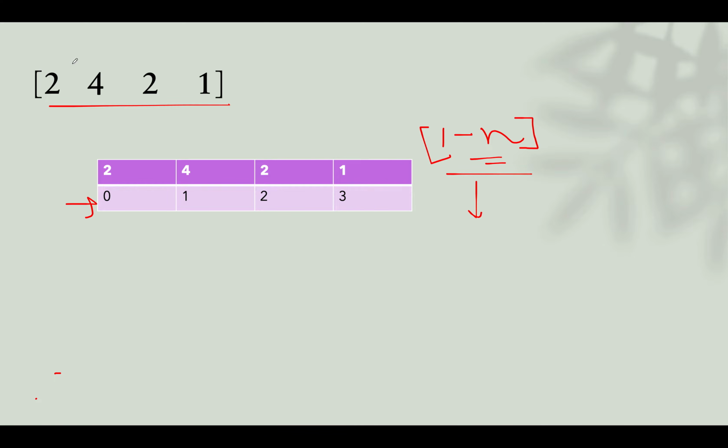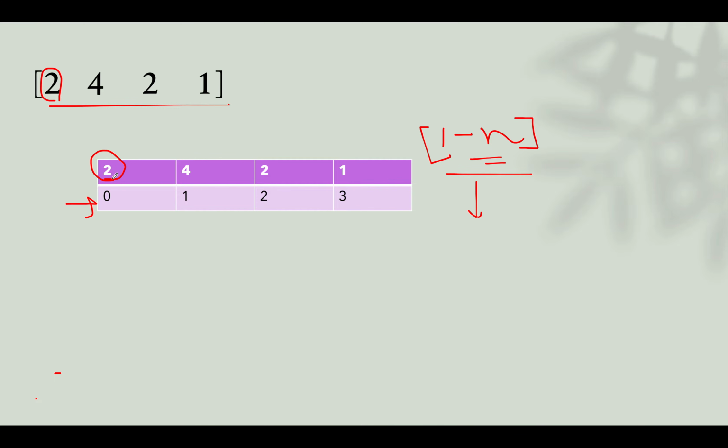How? I'm just going to tell you this. So let's start the iteration. We get 2, and what we will do is update the number at the corresponding index to negative. Since the indexes start from 0 to 3 rather than from 1 to n, we will reduce the absolute value by 1 and update the number at the corresponding index to negative.